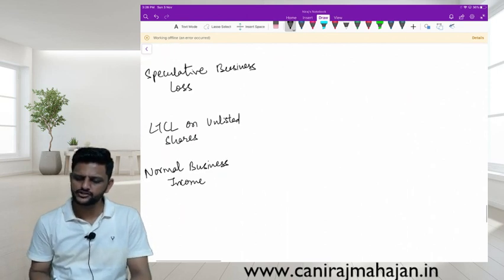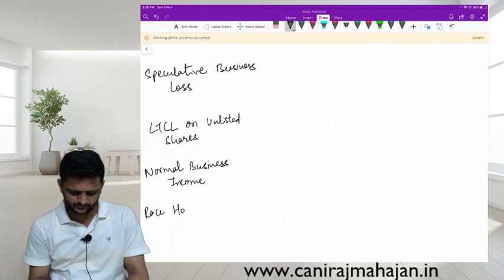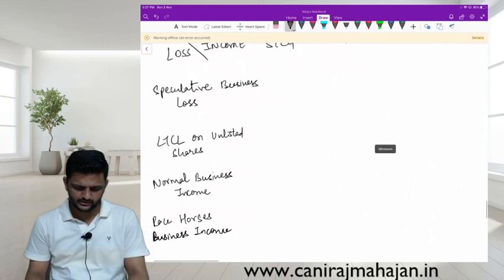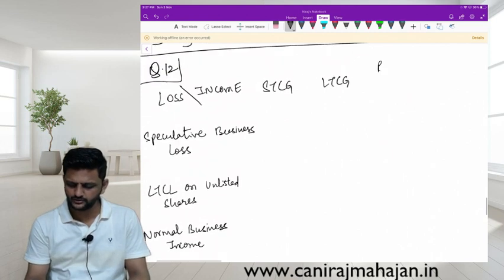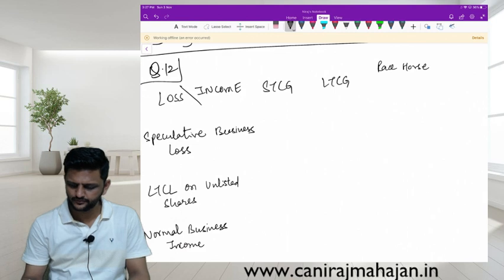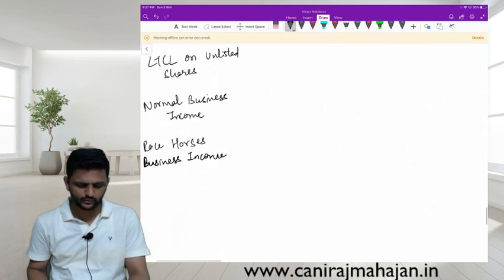Then race horses business income. And similarly we have race horses business loss, correct? HP loss. Income is also there. I am writing all incomes only here.